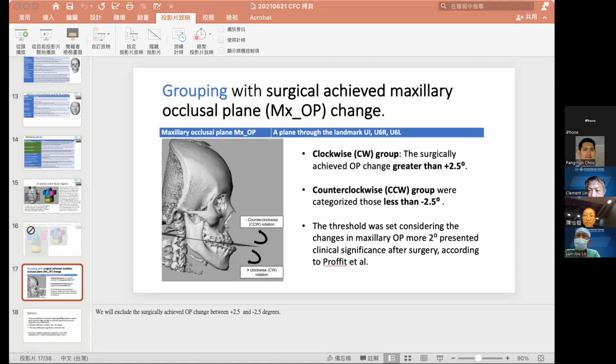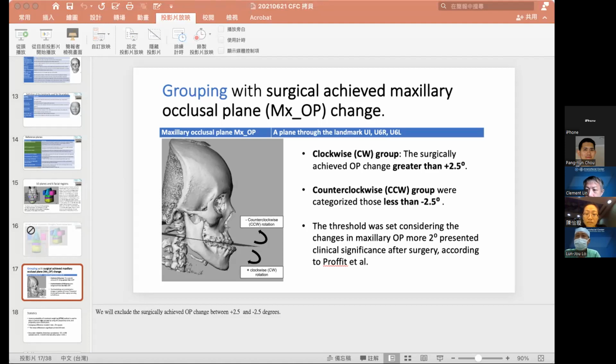For example, for the skeletal class 3 patient, we very often design a clockwise rotation. Certainly this will increase the chin volume or even create a so-called double chin appearance.